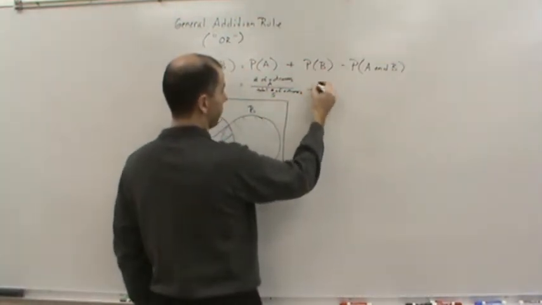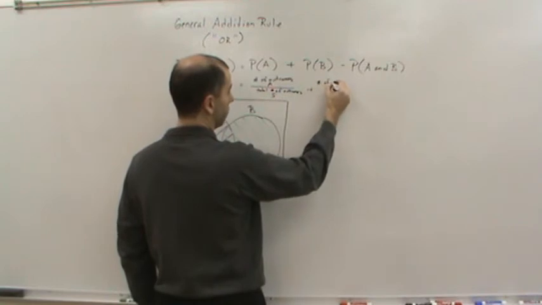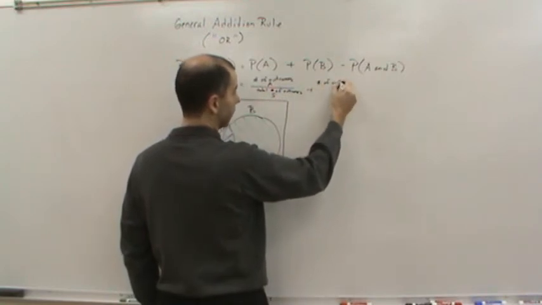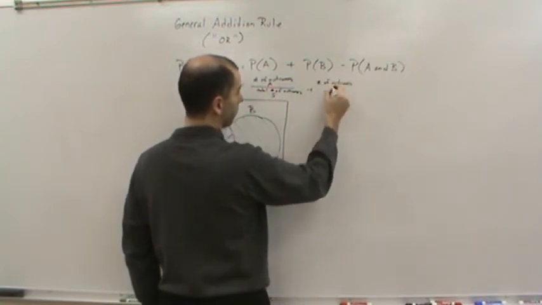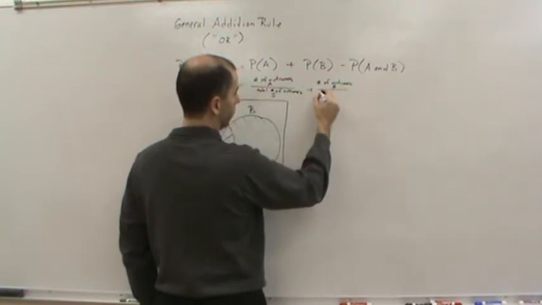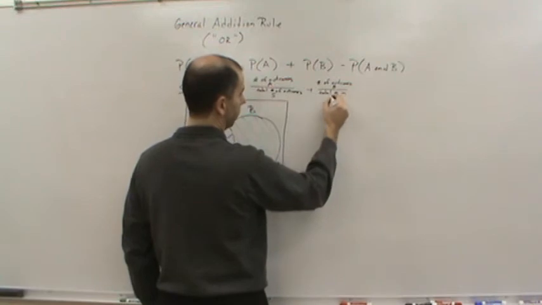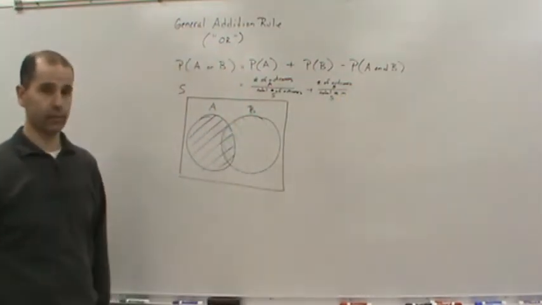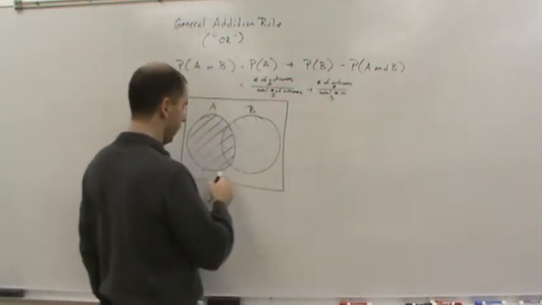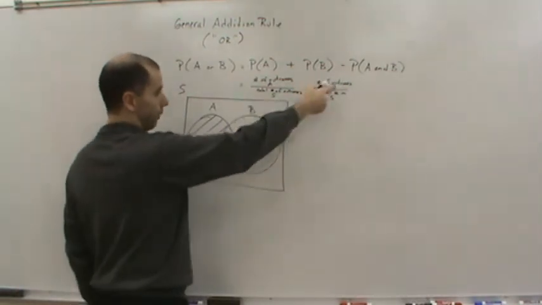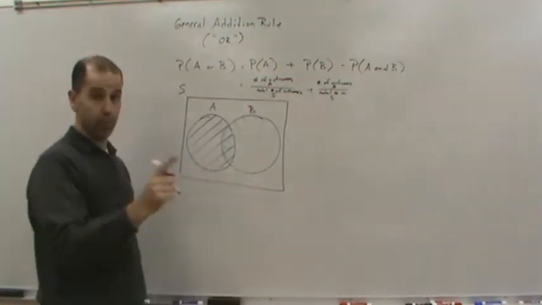Plus, then the probability of B is just the number of outcomes that give me B, over the total number of outcomes in S, right? And then again, because I'm counting all of those outcomes in A and B, I double count it.